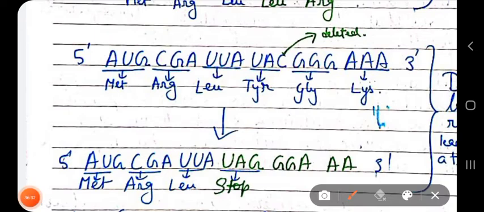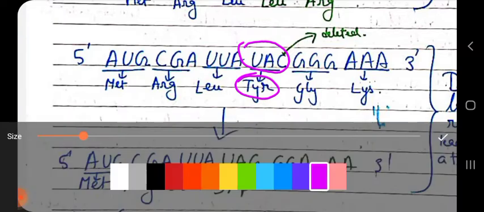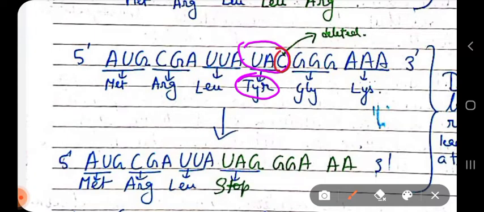You can see again here a major thing occurs. Here is the UAC codon that codes for tyrosine. What happened? Somehow this C nucleotide gets deleted, it gets removed. Then the first codon of GGG corresponds with this UAG codon, and it becomes UAG because C has been deleted.